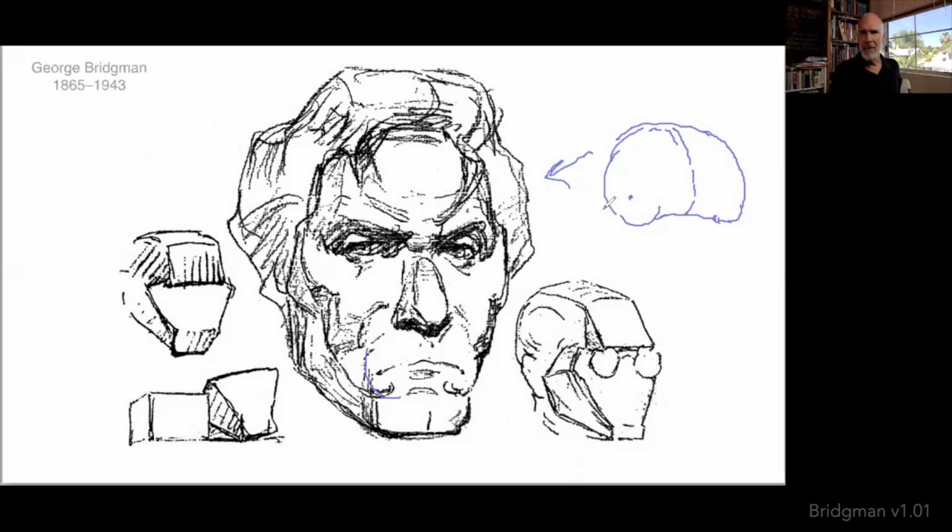And he's got muscles pulling down on the corners of that mouth to where you get squash under there. And then he's got that line being tugged down to there.